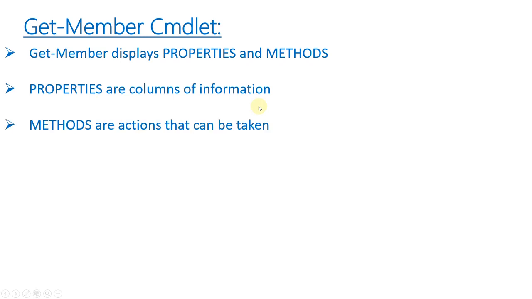And whatever actions we can take on any particular object, those actions are called methods. This cmdlet is basically used in the pipeline. Whenever we want to know what properties and methods we can use for any particular object, we can use this cmdlet in the pipeline.